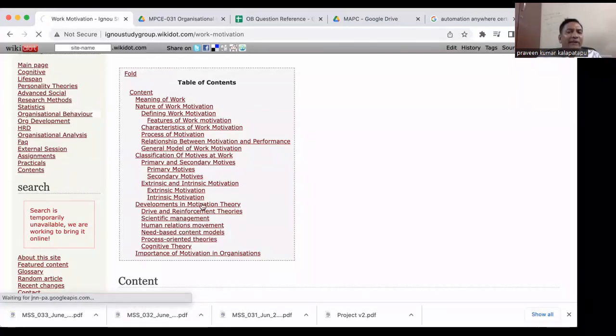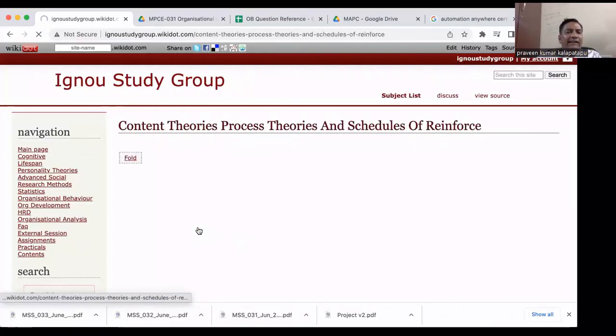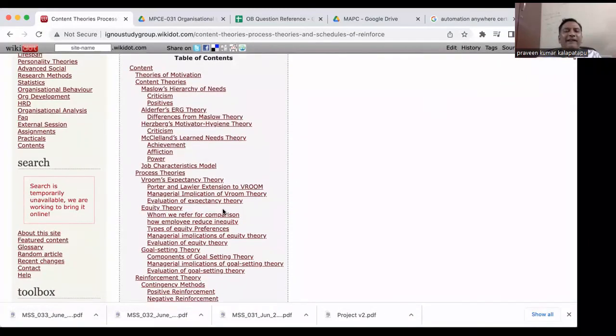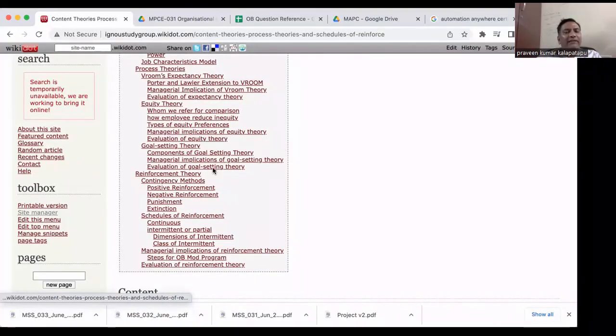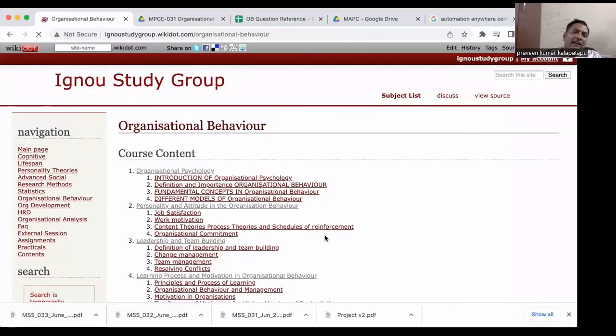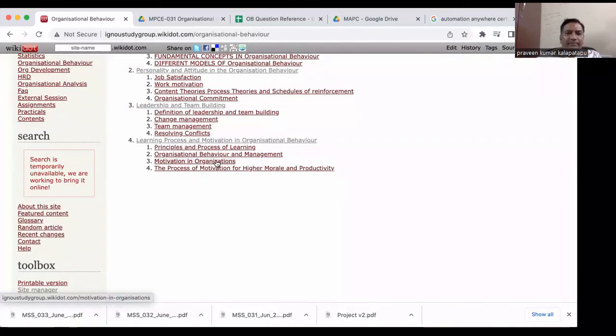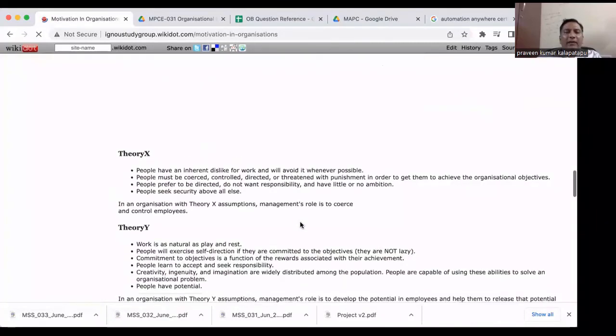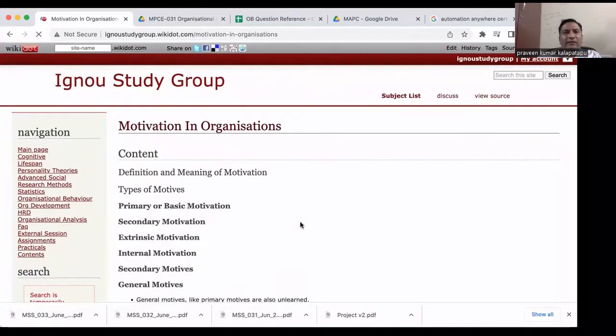And then we went into each theory: Maslow's, ERG, Herzberg, the job characteristic model, Vroom's expectancy theory, equity theory, goal setting theory, reinforcement theory. Okay, and in the other unit, we learned a couple more theories like this. Right, I think that ends the chapter for motivation. Rather, 3 units as far as motivation is concerned.